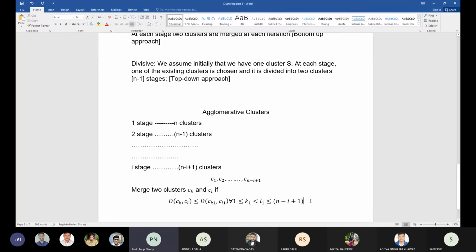Now what is it actually? So actually this is the distance between CK and CL.